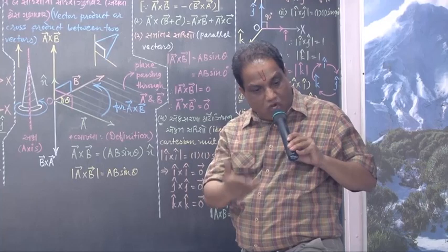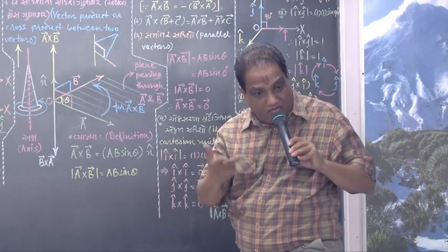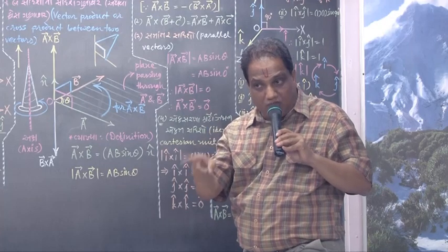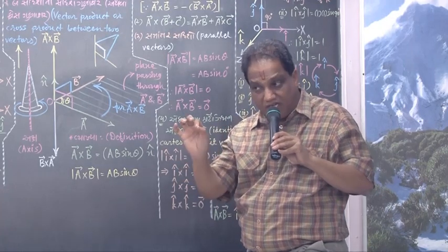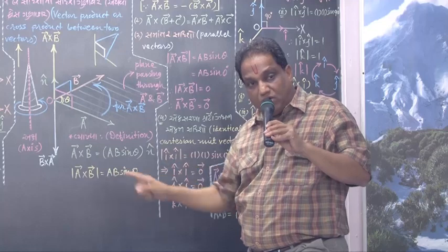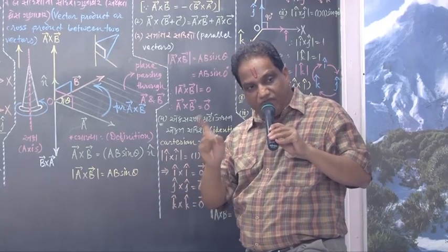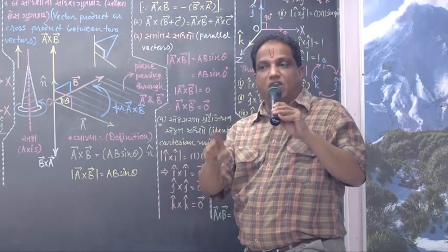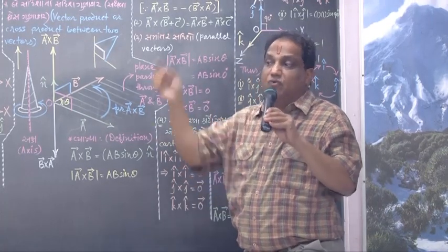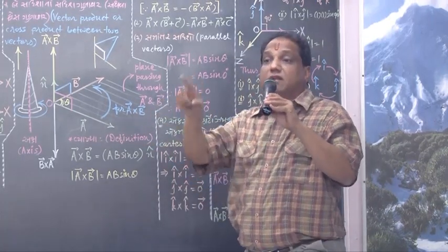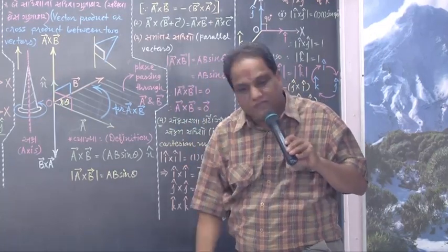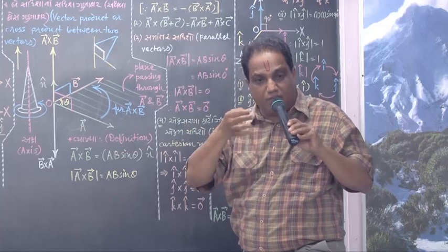Such a vector is called the vector product between two given vectors. I repeat: it is a vector whose magnitude is the product of the magnitudes of the first and second vectors and the sine of the angle between them, and whose direction is determined using the law of right-handed screw.